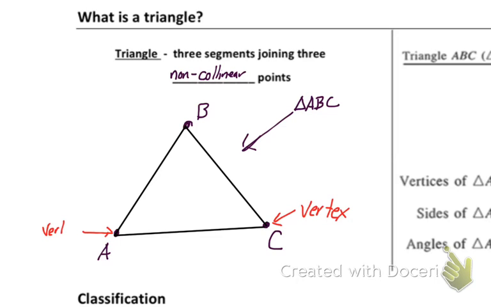So that's a vertex, and B is a vertex. We call the lines that make up the triangle sides. So a triangle has three sides. Mind-blowing stuff here. We have a side, we've got a side, we've got a side.